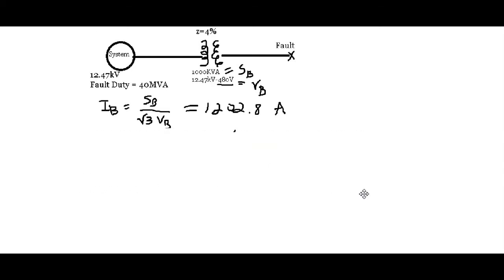So now that we have the system impedance, let's go back and use that in order to calculate our secondary short circuit value.